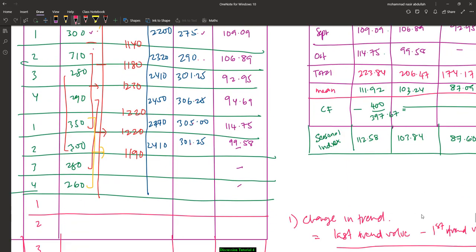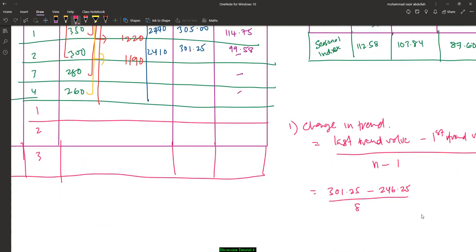We have 8 trend values, so 8 minus 1. So this one should be how much? 7.857. Is it? Can you recalculate, reconfirm to me? 246.25 divided by 7, right? 7.857.